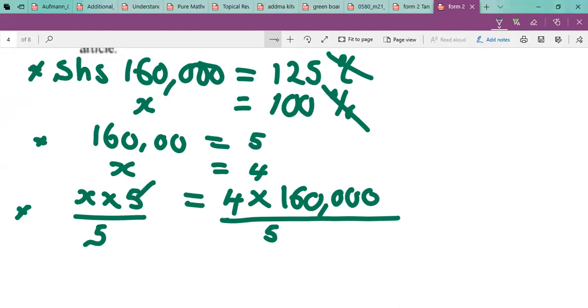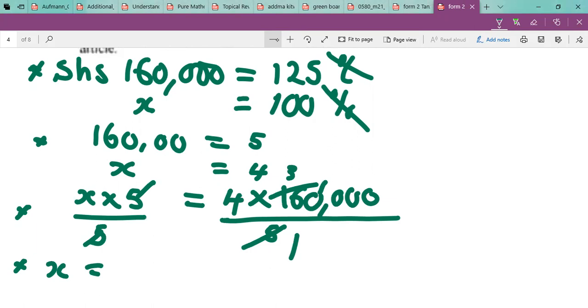All right, so we have X is equal to 4 times 160,000 over 5. So 5 into 5 is 1. 5 into 16 is 3, remainder 1.